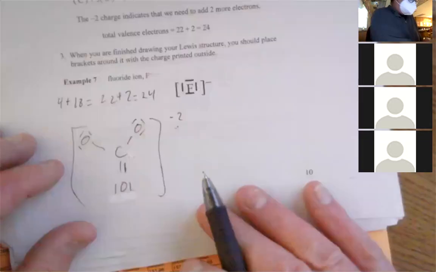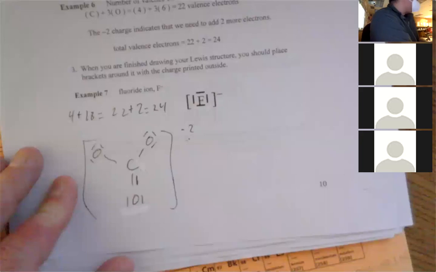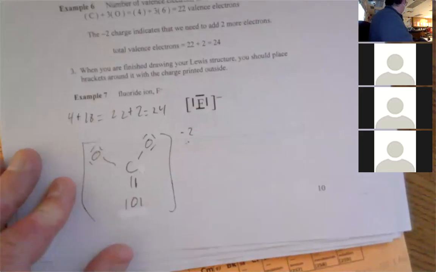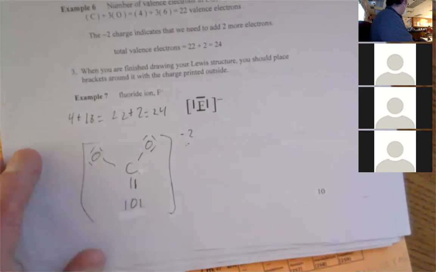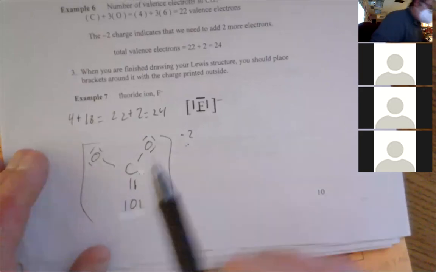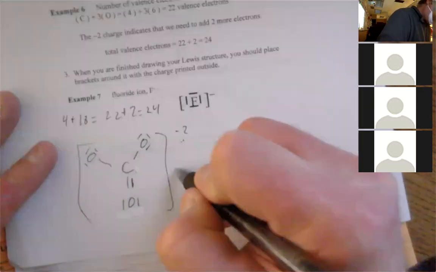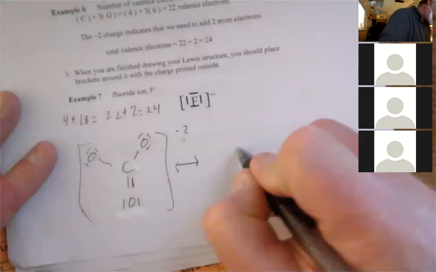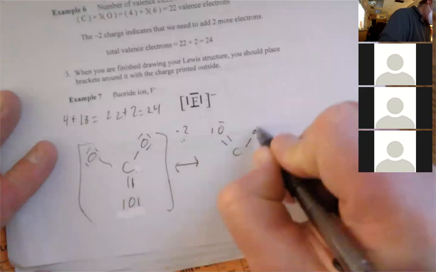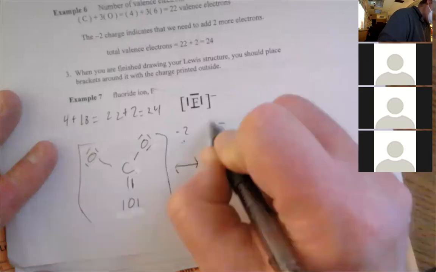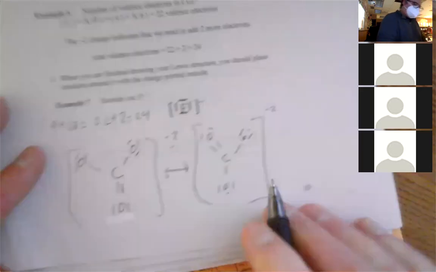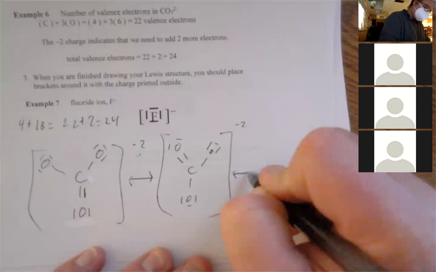So there we go. Let me ask you this. Why did I choose to put it on the bottom? I could have put it on this O, couldn't I? I could have put it on this O. In reality, this is a thing called resonance. If we were to do this correctly, we have to draw all three possibilities.